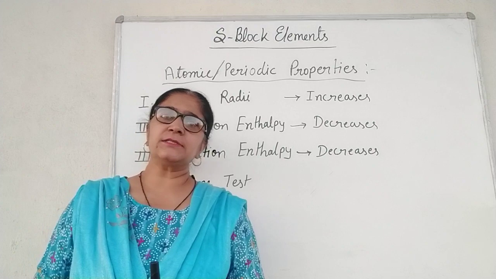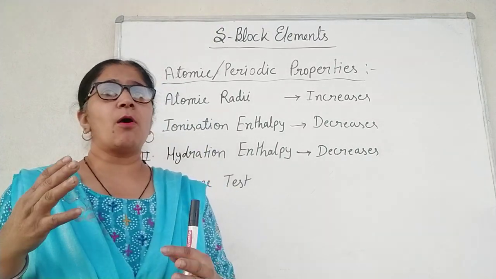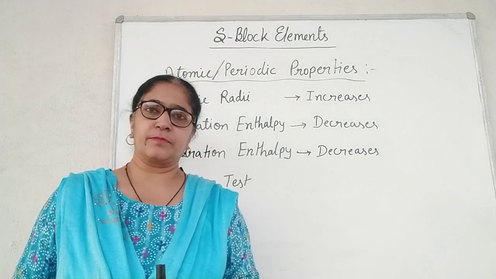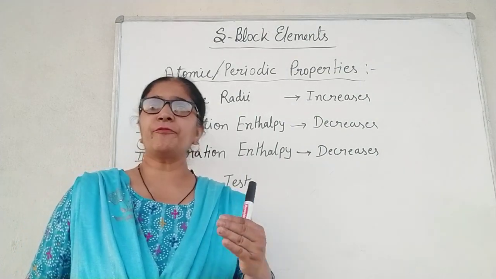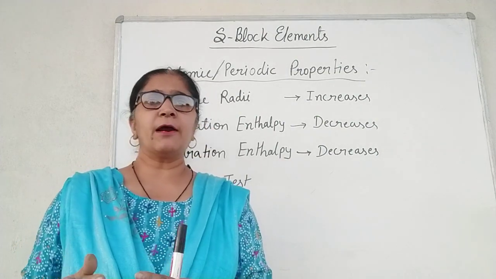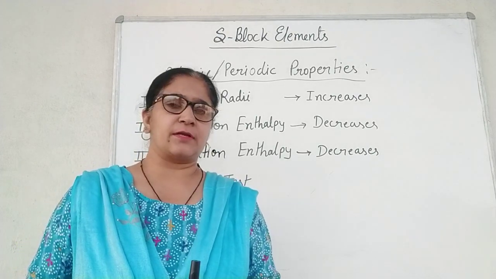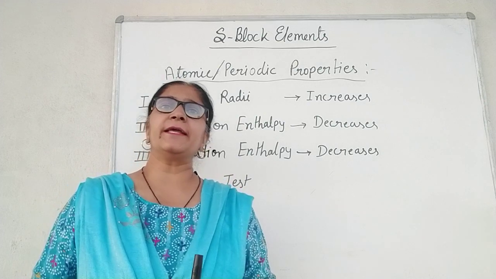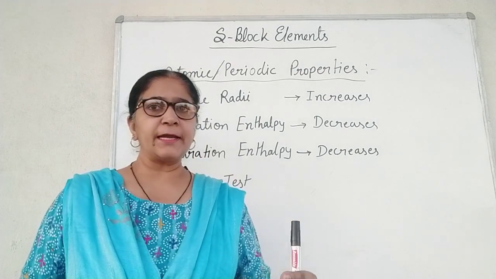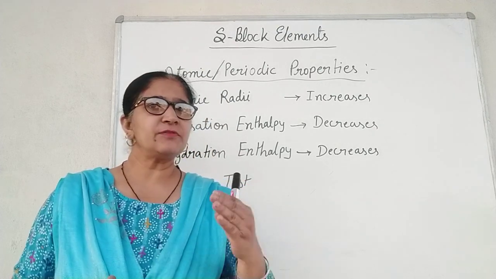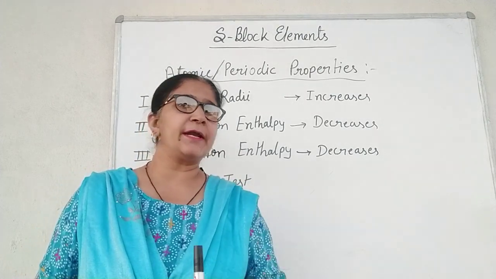The cations that form are in all cases smaller than the parent atom, since there are fewer electrons and less electron repulsion, and so the radius is smaller for the cation for essentially the same reason as we discussed with atomic radius.